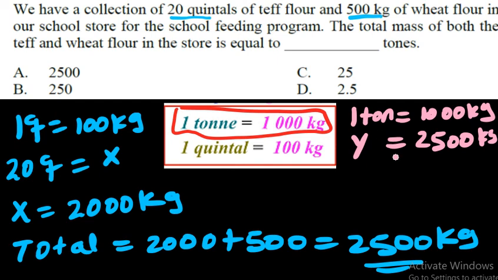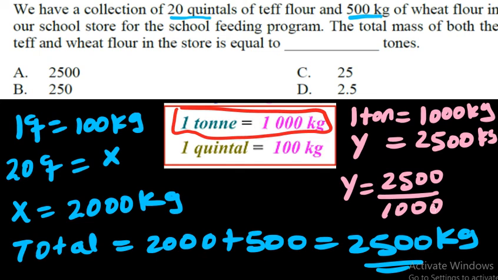It's going to be division here, obviously. We'll divide 2500 by 1000. So the y value will be 2500 over 1000. You can cancel the 2 zeros here. When you cancel 2 zeros, 25 over 10 is the same as 2.5 tons. So the answer obviously will be D.